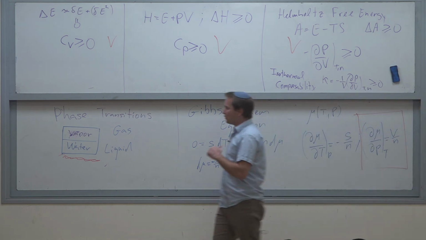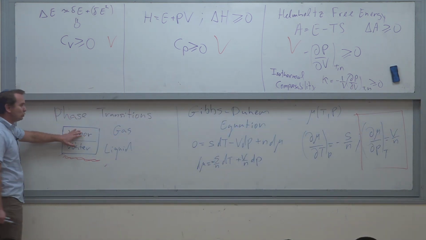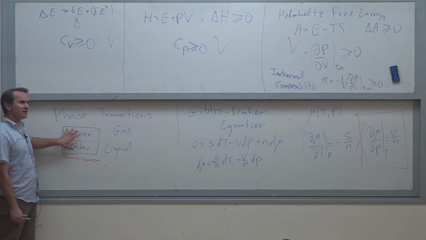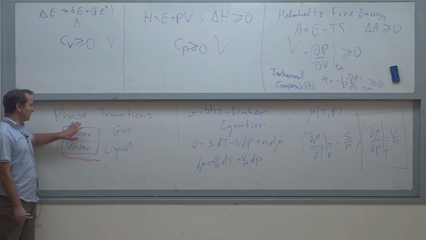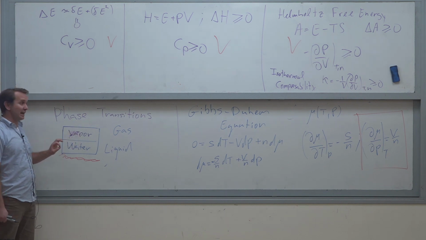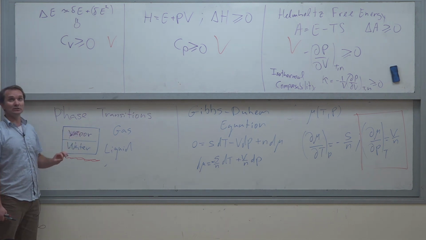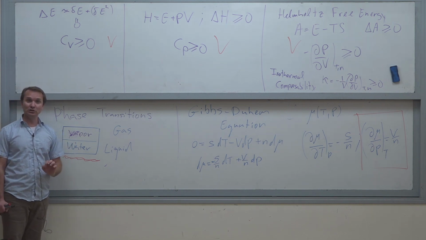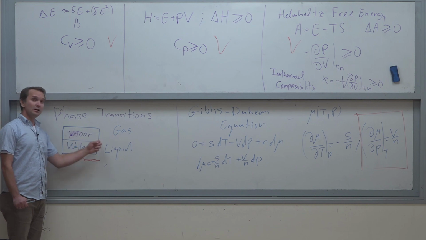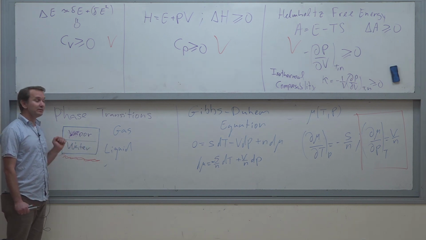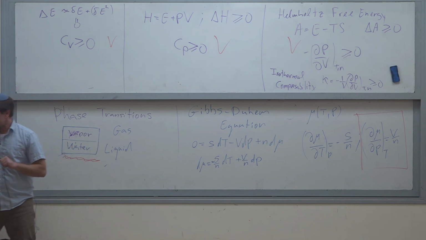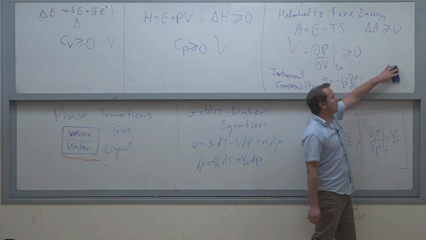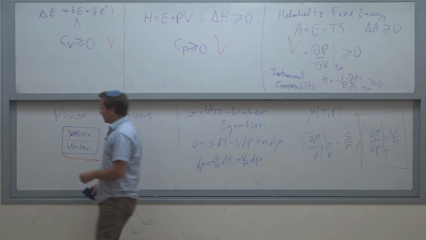So now I start to understand something. First of all, those two systems coexist with each other. This is an equilibrium, so the temperature and the pressure are the same, and the chemical potential is the same, but something interesting happens to the derivatives of the chemical potential: they are discontinuous.